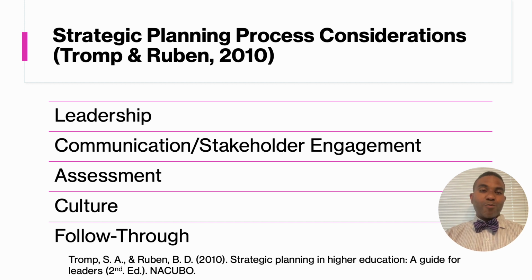But if you have proper follow through, a lot of times you'll see institutions post not just the plan itself, but a whole site dedicated to it, where they'll have the plan and also progress trackers where you'll see how the institution is doing in achieving certain goals. All right.